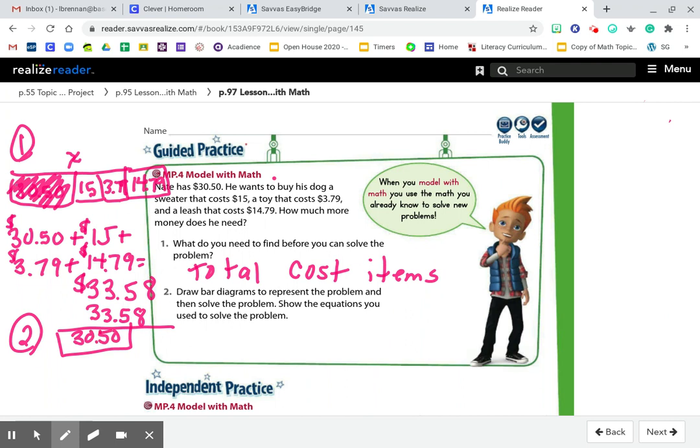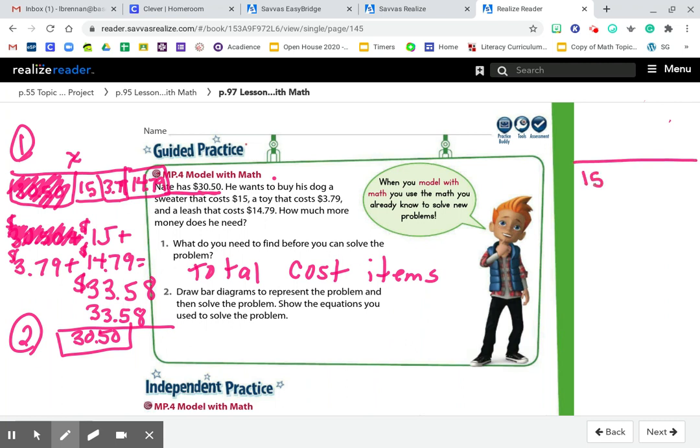That's not part of the bar diagram. Silly me. I even misread it. Mrs. Brennan makes mistakes too. And I just looked at my answer and I'm like, wait a minute, that is not big enough. I put too many values in there. That is what he's starting out with. So really your bar diagram, let me rewrite that over here.